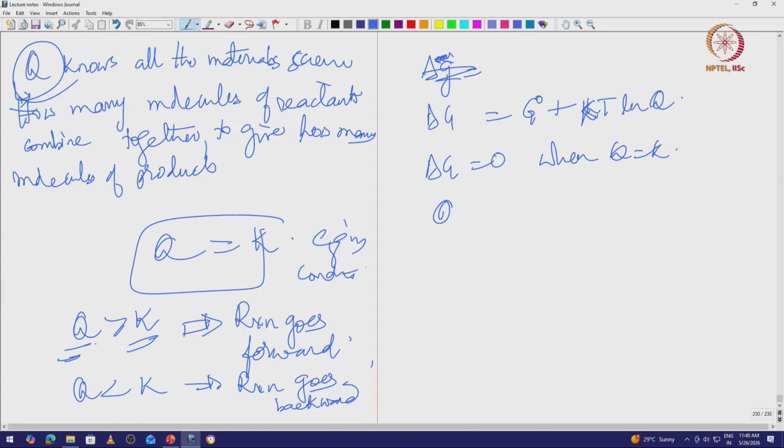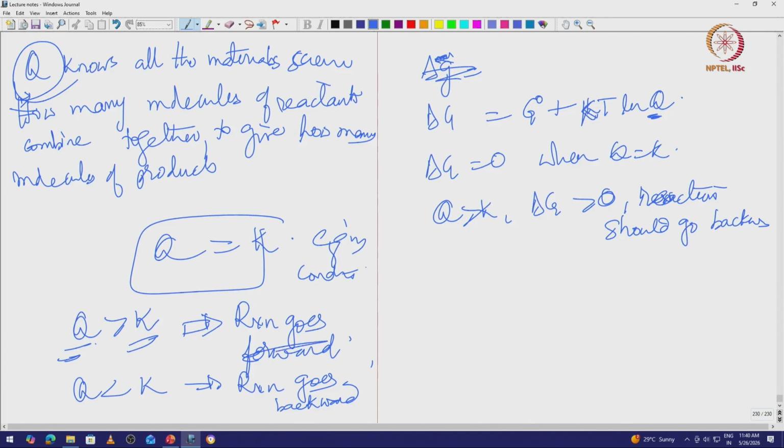When Q is greater than K, delta G becomes positive. So that is just simple. I am substituting some number that is greater than K, and so the reaction should go backward, sorry.